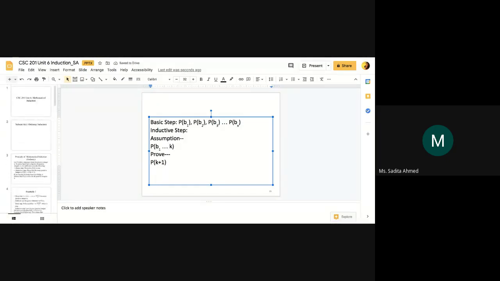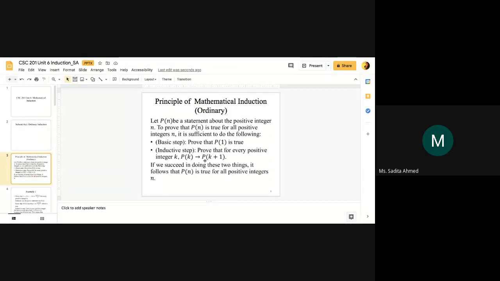Why k plus 1? In the inductive step, we are allowed to assume that the statement is true for Pk. We have to prove that the statement is also true for the next integer. What is the next integer after k? k plus 1, exactly. So in the inductive step, on the basis of whatever is in the assumption, you have to prove it for the next integer.